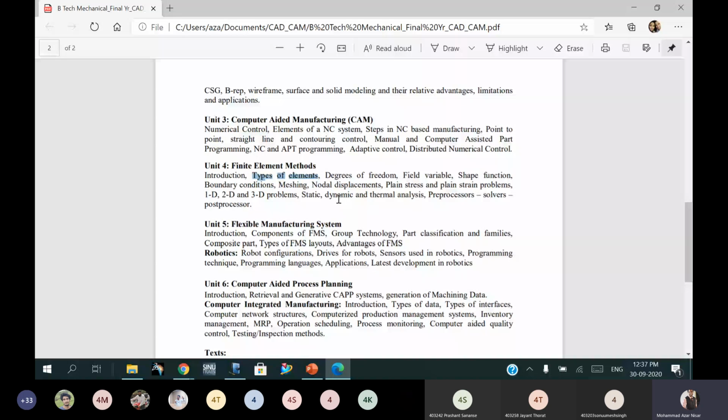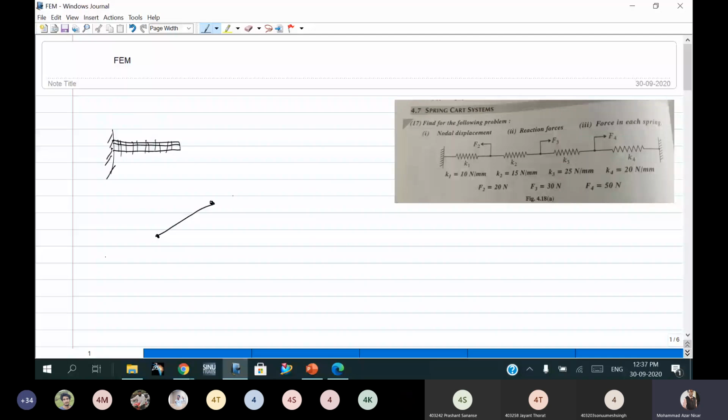Suppose a simplex form of a link element, in which two nodes are there. This is a simplex. Then in complex, intermediate nodes are involved, and the number of nodes can vary.